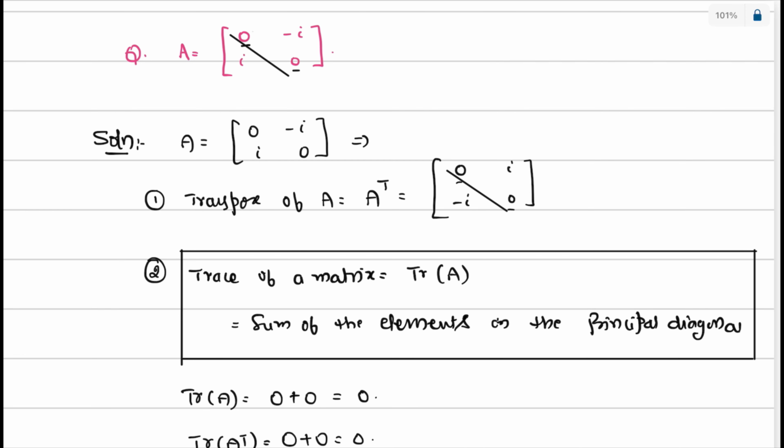Now, let us go for the determinant. What are the properties of the determinants of these two matrices, A and A transpose? For A, the determinant is |0, minus i; i, 0|. You have to do the cross multiplication.